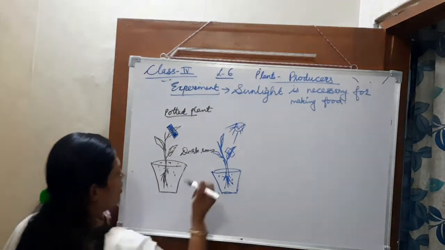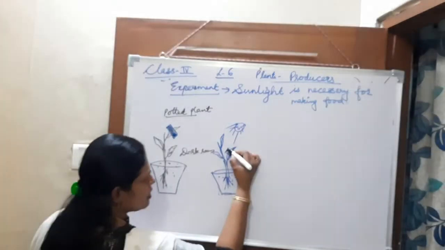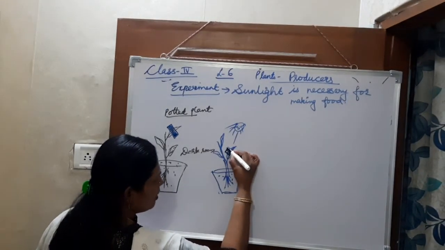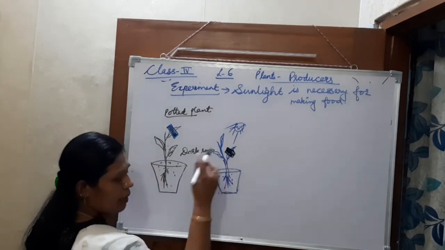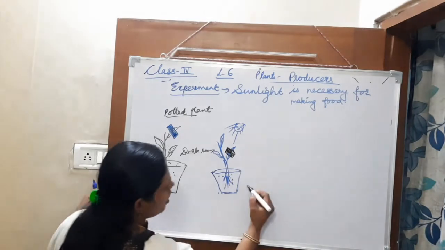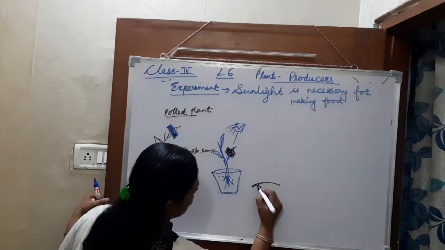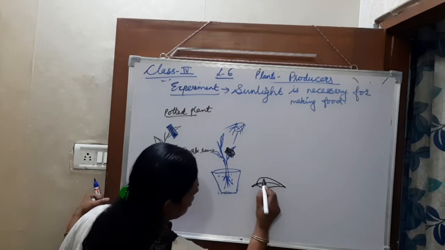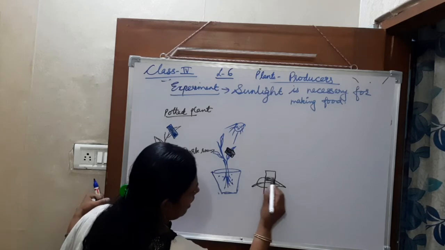Then afterwards, this leaf which is covered by black paper should be plucked out. So only this leaf will come out. Here it is, this much portion was covered with the black paper.